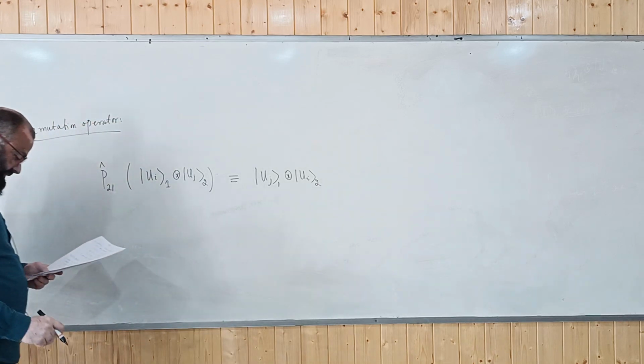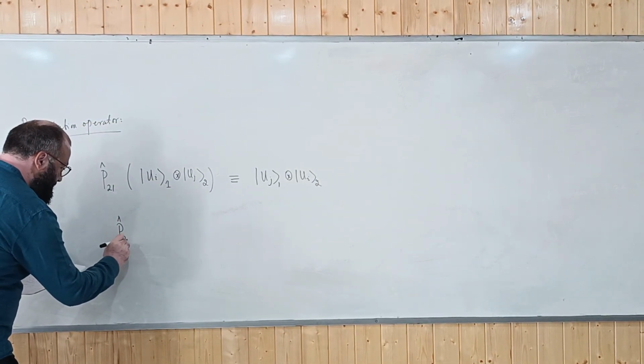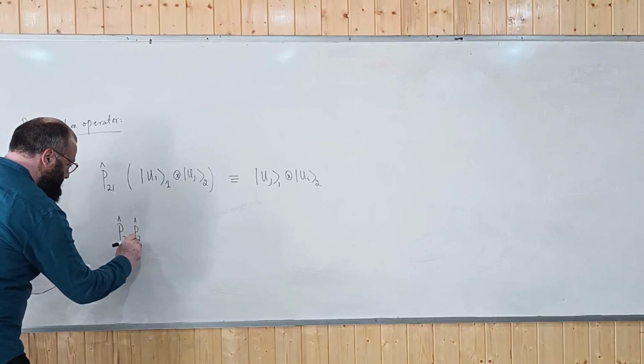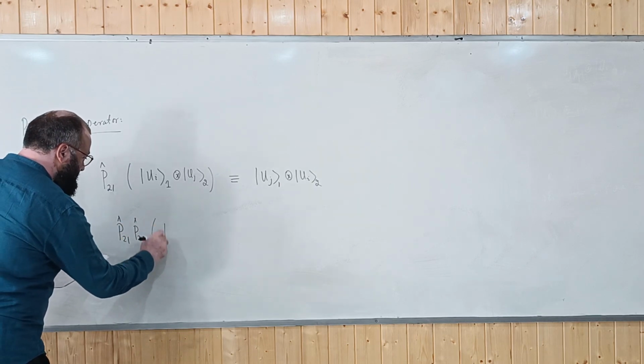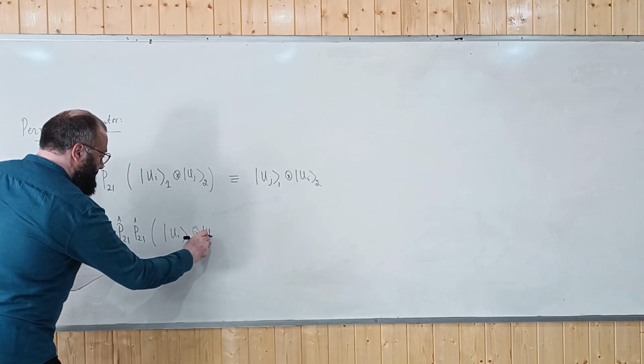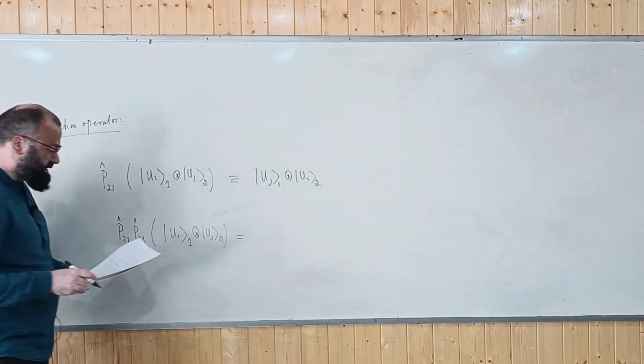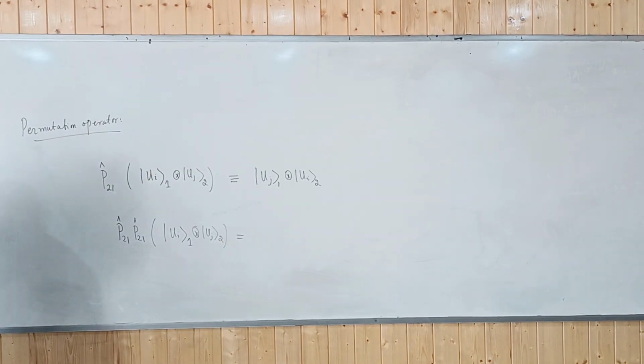Clear? And we have shown that if you act with this P21 twice on ui1 tensor uj2, you will get back the same state. So let's do this calculation quickly.